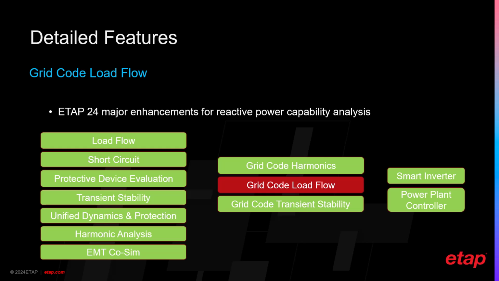Besides, ETAP offers Power Plant Controller with its digital twin in ETAP that makes it very reliable and easy for engineers to evaluate grid code dynamic performance using ETAP Power Plant Controller. You can check the ETAP website to learn more and see our various solutions related to interconnections of renewable systems. In this webinar, we will focus on the ETAP 24 major enhancements for reactive power capability analysis.